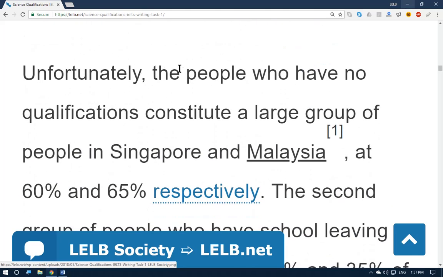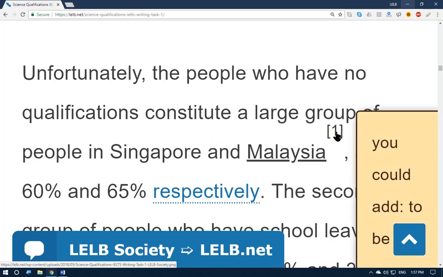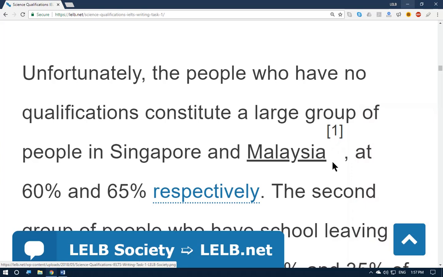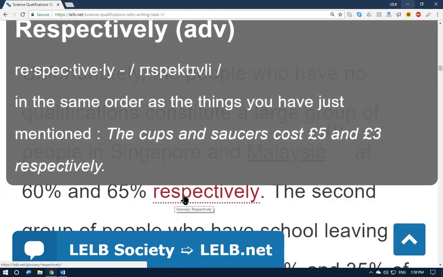So unfortunately, the people who have no qualifications constitute a large group of people in Singapore and Malaysia, at 60% and 65% respectively. You could say, to be more specific, to be more exact, to be more precise. Respectively means in the same order, in turn.